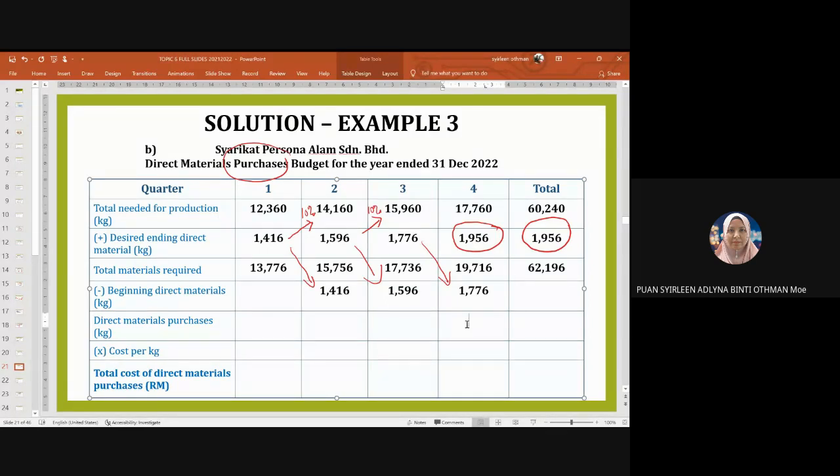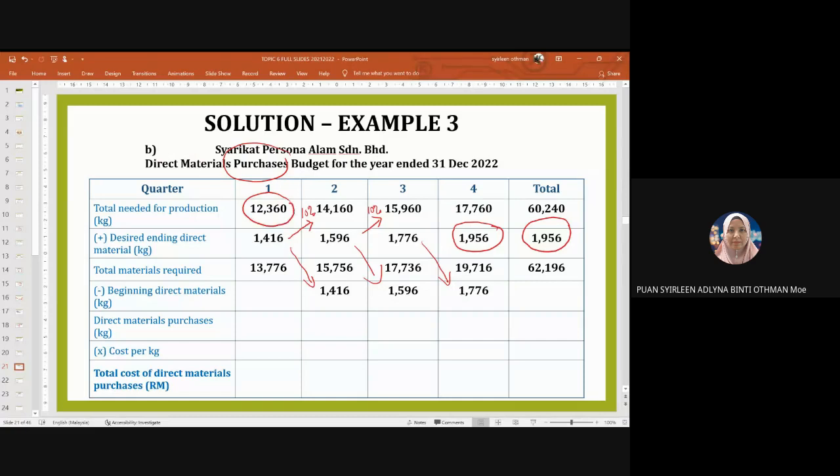How do you get that, Tiffany? 10% of the sales unit. Yeah. The production. Okay. Yang ini kan first quarter untuk 2022. So ending inventory untuk fourth quarter 2021 is actually taken 10% from here.